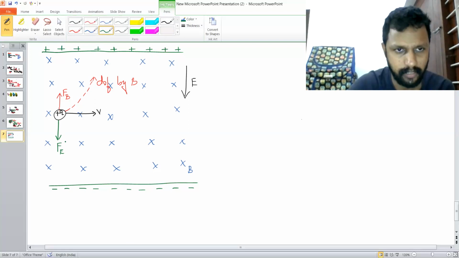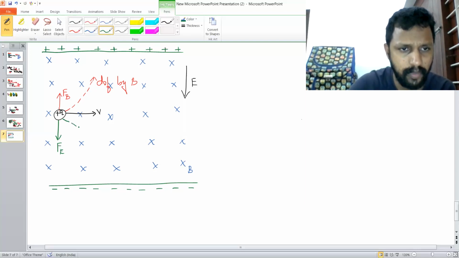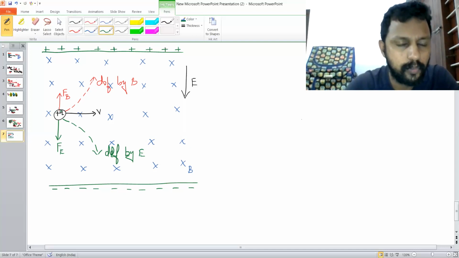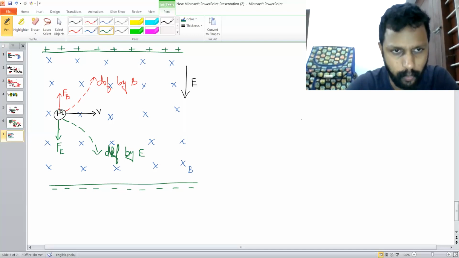Due to this electrostatic force alone, if we are forgetting about the magnetic force acting over it, there will be a deflection by electric field like this. Then the magnetic Lorentz force will try to move it upwards, and the electric Lorentz force will try to move it downwards.